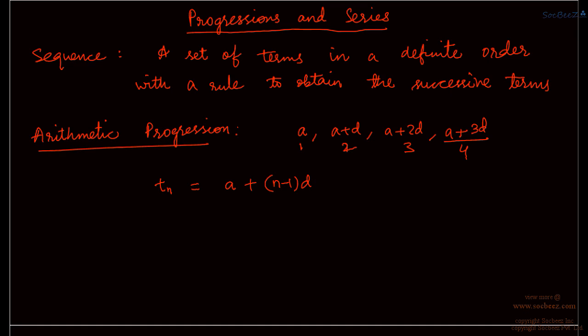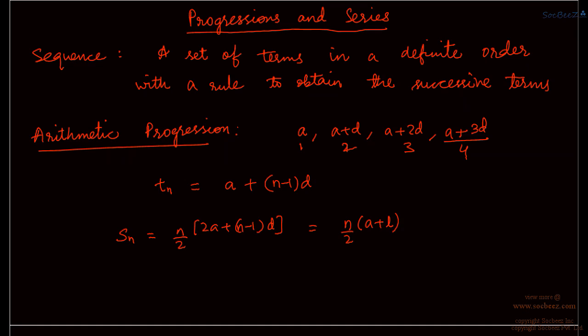You can write them in the proper increasing order of terms, A1, A2, A3, like A, A plus D, A plus 2D, or you can write them in the reverse order: A plus (n minus 1)D, then A plus (n minus 2)D, and finally add them up, and so you will get this well-known formula for the sum of the first n terms, which can also be written as n by 2 into (A plus L), where L is just indicative of the nth term or the last term.